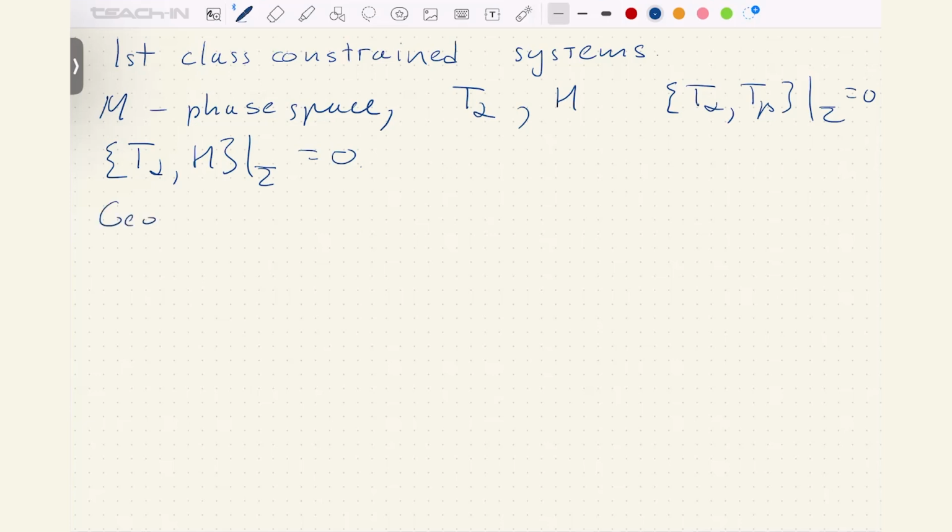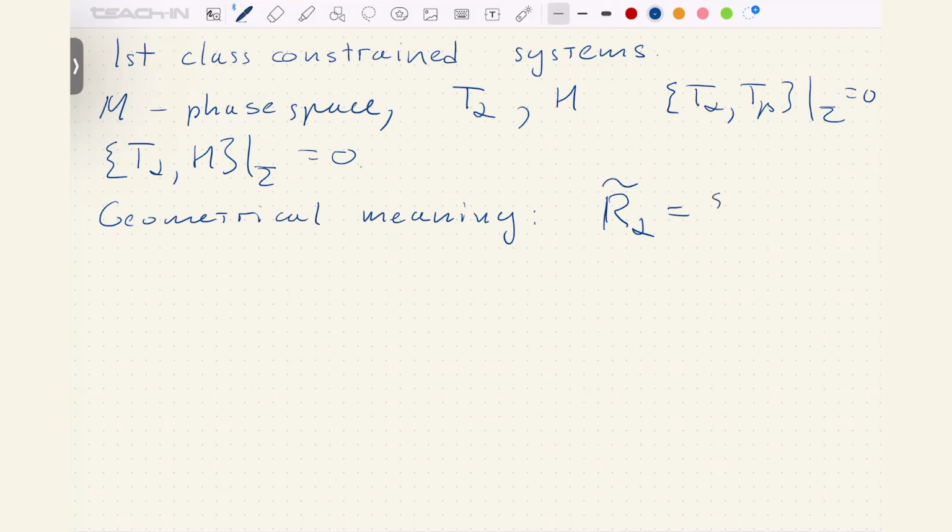Or physical, if you want. So the meaning is that if we consider vector fields R alpha, which, for consistency with notations which I'm going to introduce, let me put a twiddle here, not to confuse.